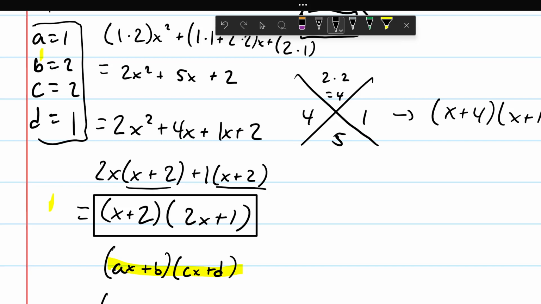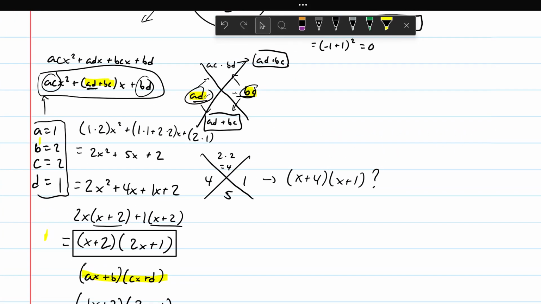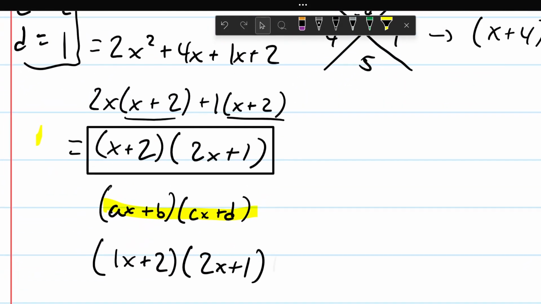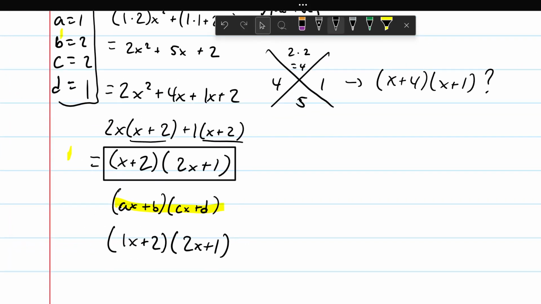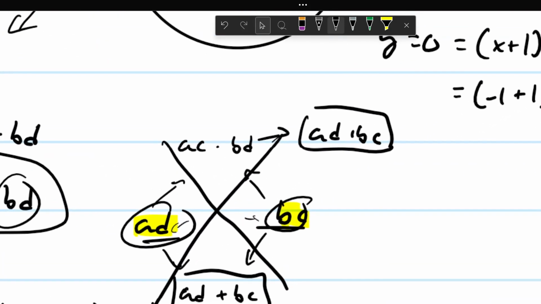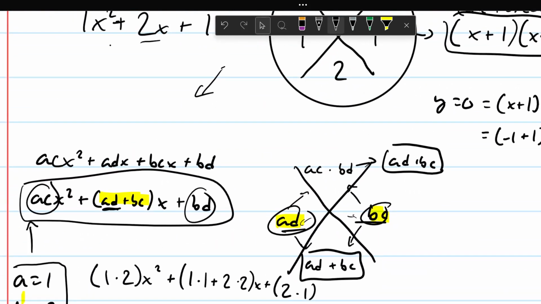So it is 1x plus 2 times 2x plus 1. And yep, it does work, because we have this over here and we have this over here, which are the same. So that's how this X method works and the logic behind it.